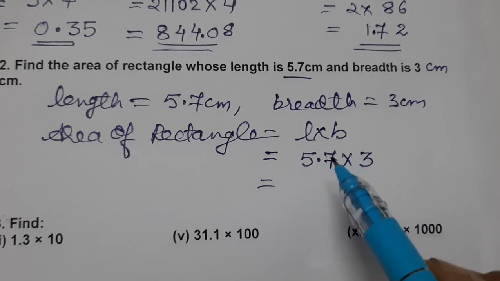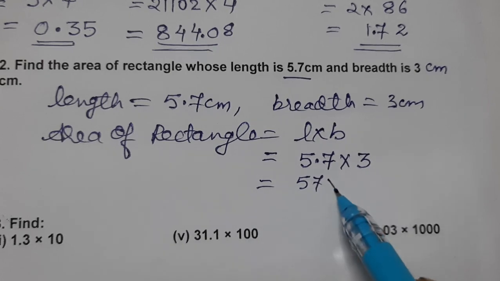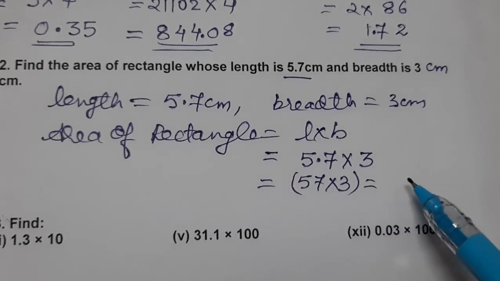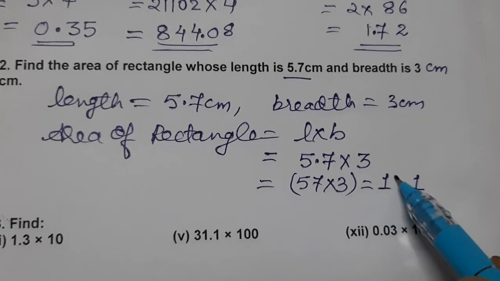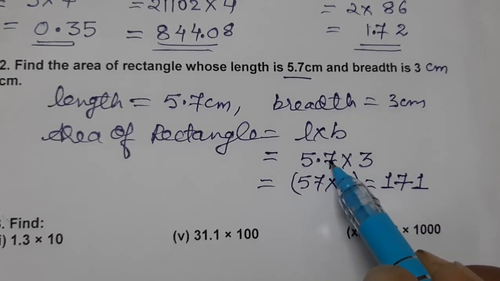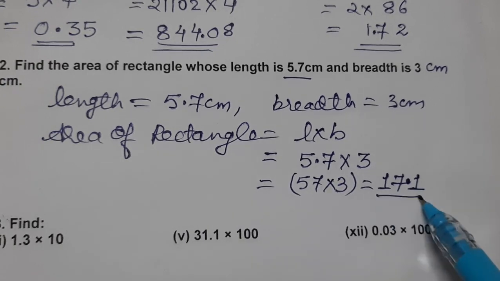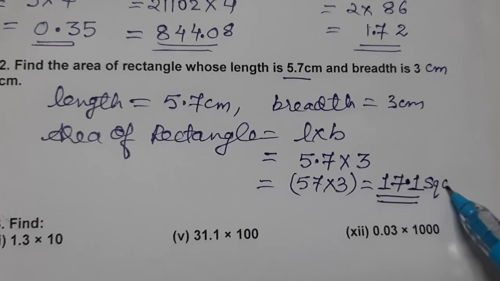So multiply first, ignoring the decimal point. 57 into 3. 7 3s are 21, write 1, carry 2. 5 3s are 15 plus 2, 17. Now put the decimal. After the decimal, 1. So here also 17.1. And area is measured in square units, square centimeter.